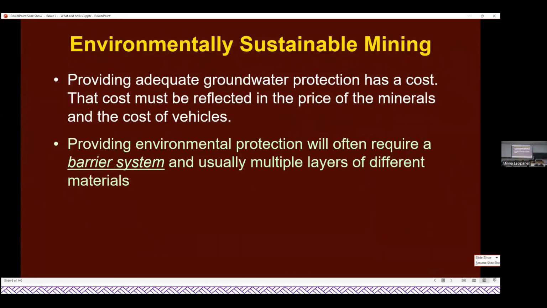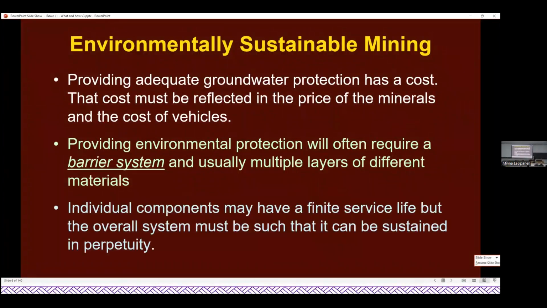So to do the protection we're talking about, we're going to require barrier systems. There are many different forms of barrier systems. I'm going to be focusing on those relevant to the climate in Canada and in Helsinki and Finland. So we'll not be talking about deserts where you might be dealing with different approaches.